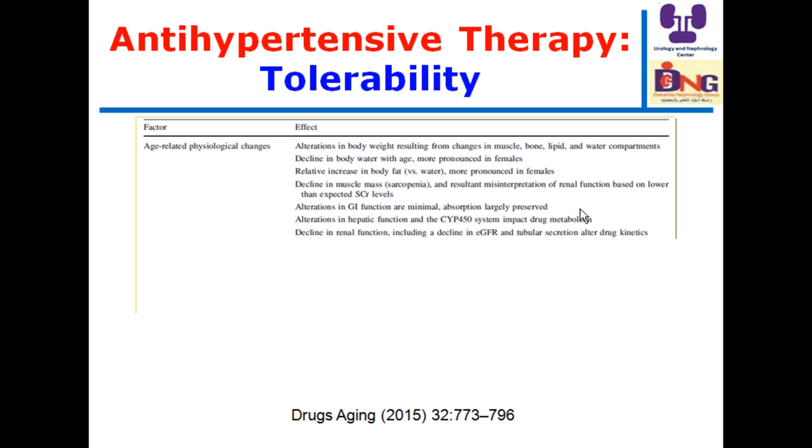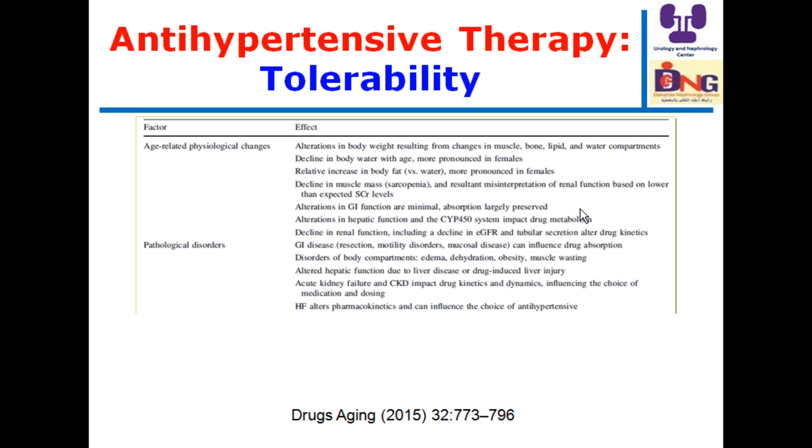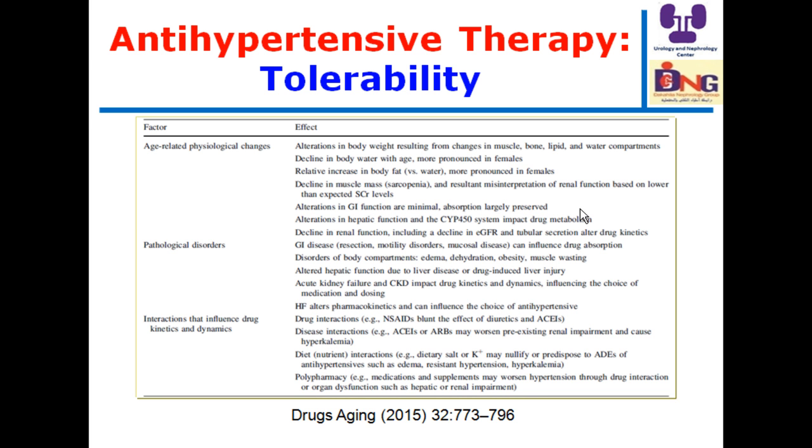Pathological situations like gastrointestinal diseases, disorders of body compartments like edema, dehydration, obesity and wasting, altered hepatic function, liver disease, acute renal failure, heart failure. All this should be kept in mind because it affects drug tolerability and increases adverse effects.